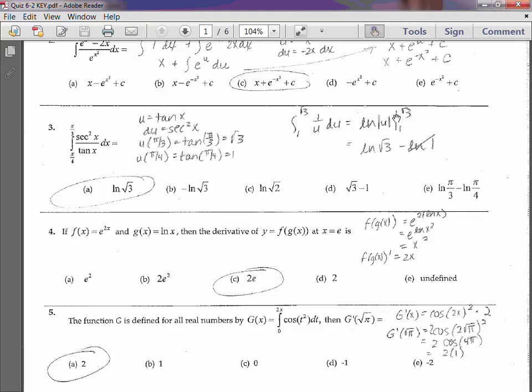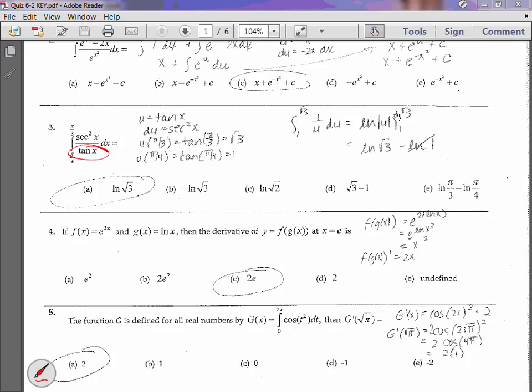If we let u be secant squared, then we'd have 2 secant tangent, which is even more complicated. That is why it's advantageous for us to let u be that denominator. A lot of times when you have a fraction, u will be the denominator. Not always, but sometimes it is beneficial to try that. Sometimes it's better to try the top, but I would try bottom first.